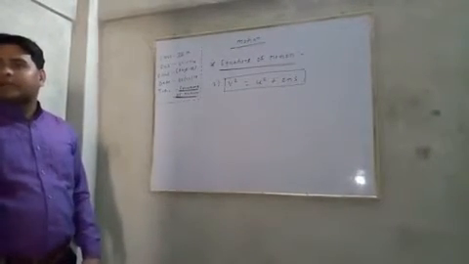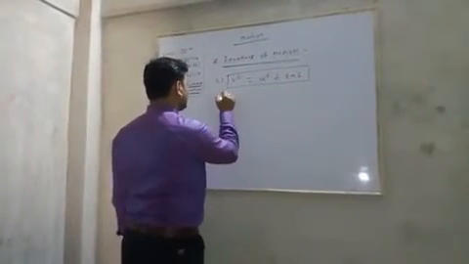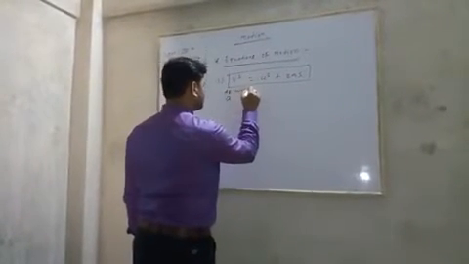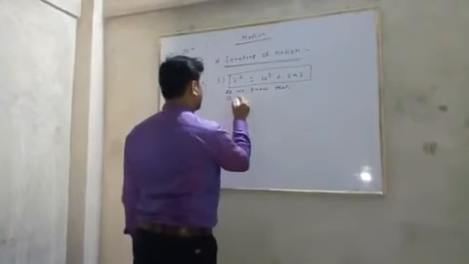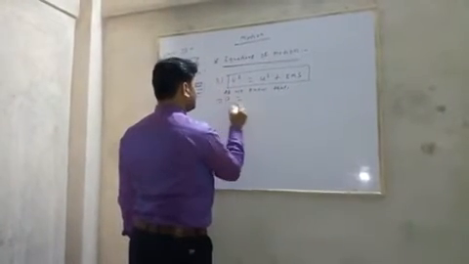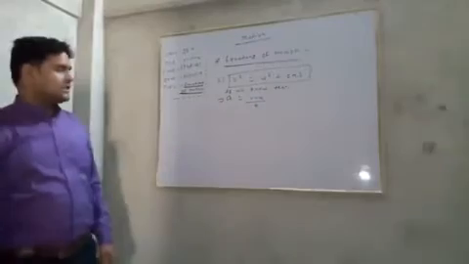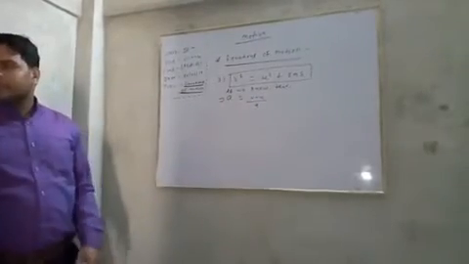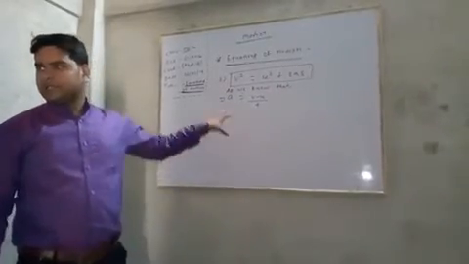Acceleration is equal to what? v minus u by t, as we know that acceleration is equal to rate of change in velocity. So we can find t from this formula.